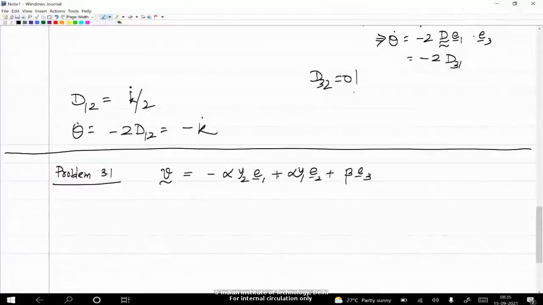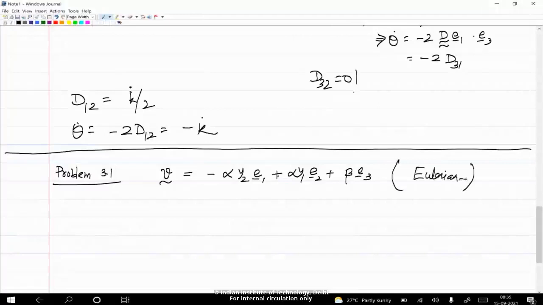Okay, so that's the velocity. So what will be the acceleration? What you see is that the representation is Eulerian, right? Because velocity is written in terms of Eulerian coordinates.